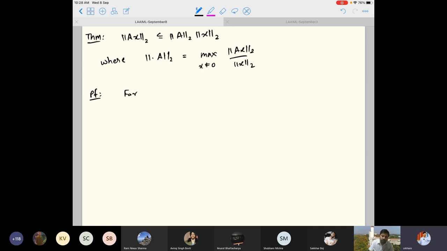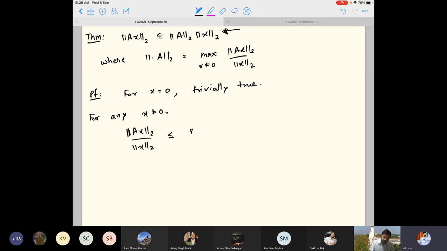For x equal to 0, it is trivially true, right? Because when x is equal to 0, the norm of x is 0, and Ax is also equal to 0. So 0 is less than or equal to 0, trivially true. So that's not a problem. So we consider any x not equal to 0. You observe what I am doing: I am writing down norm of Ax by norm of x.